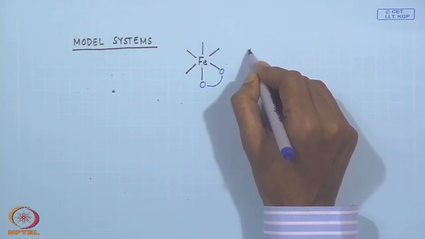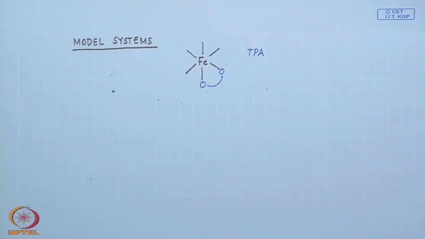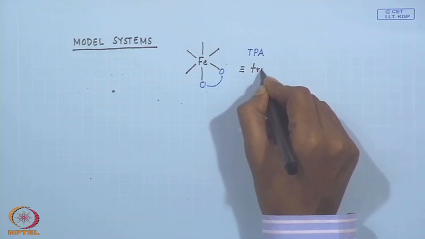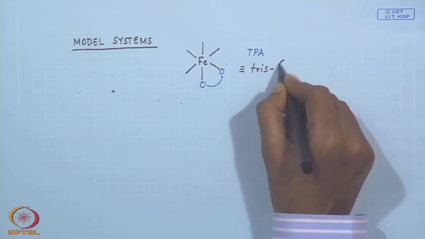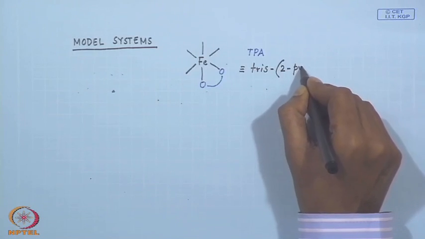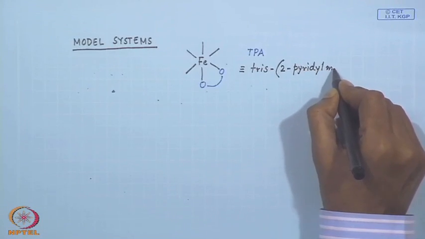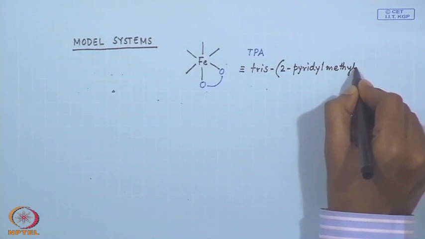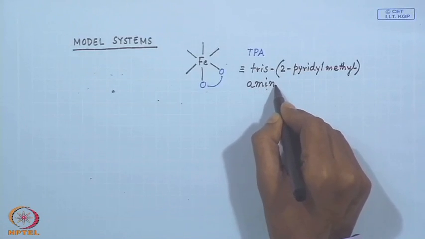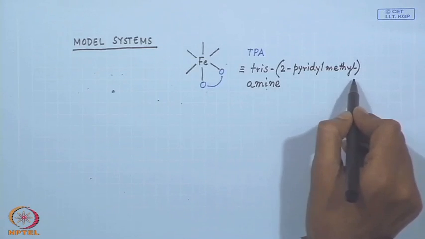One such example of this ligand is well known, and it is abbreviated as the TPA ligand, which is tris(2-pyridylmethyl)amine.